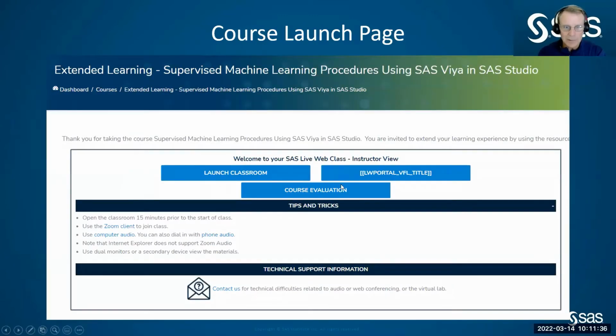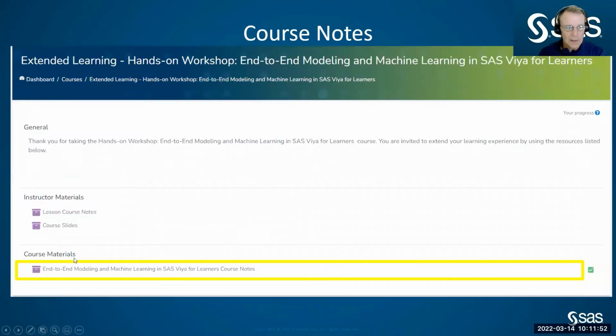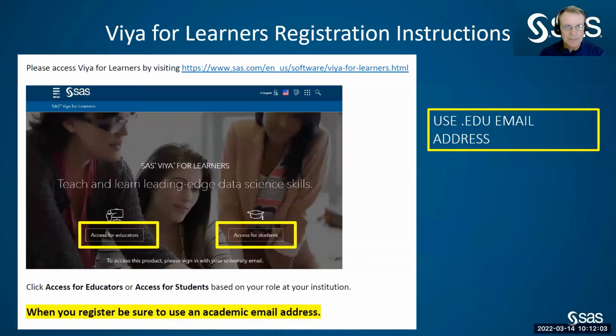This is what it looks like for a different class, but if you go back and register for that class, you'll get a link to the software. There's a link to the live classroom. And then if you scroll down, there would be the course notes. But again, no worries if you haven't done that. We'll make sure we cover that during the class time today.